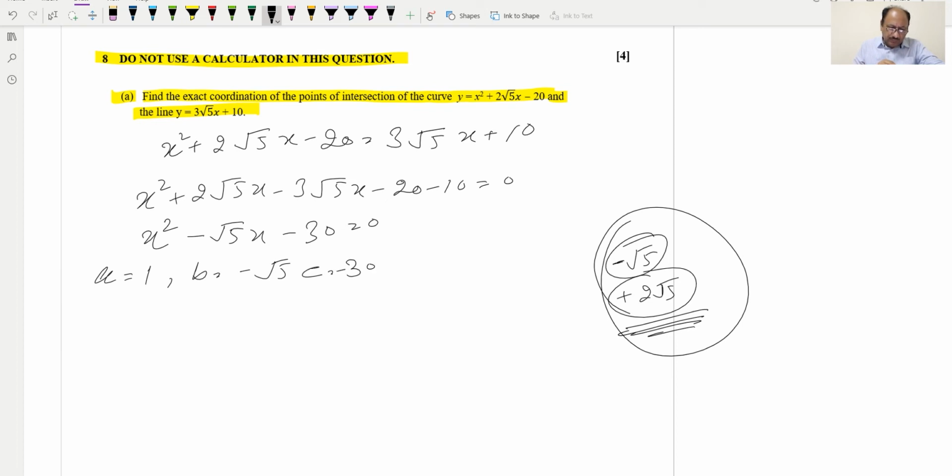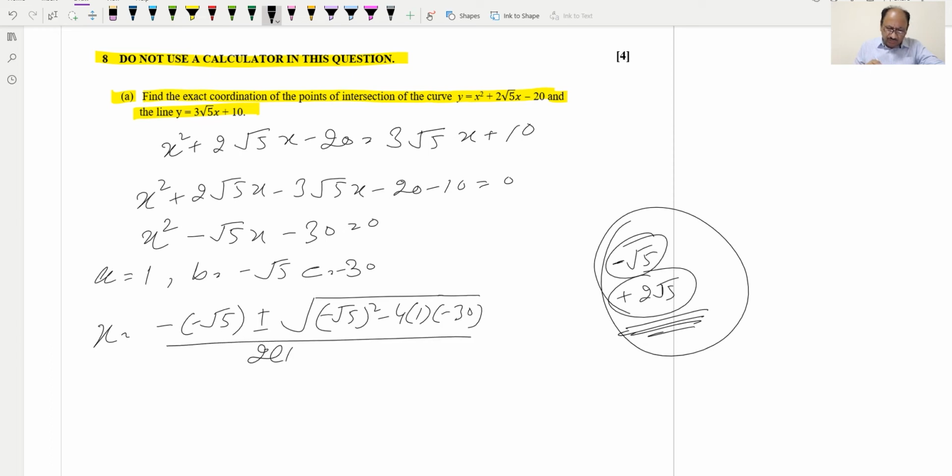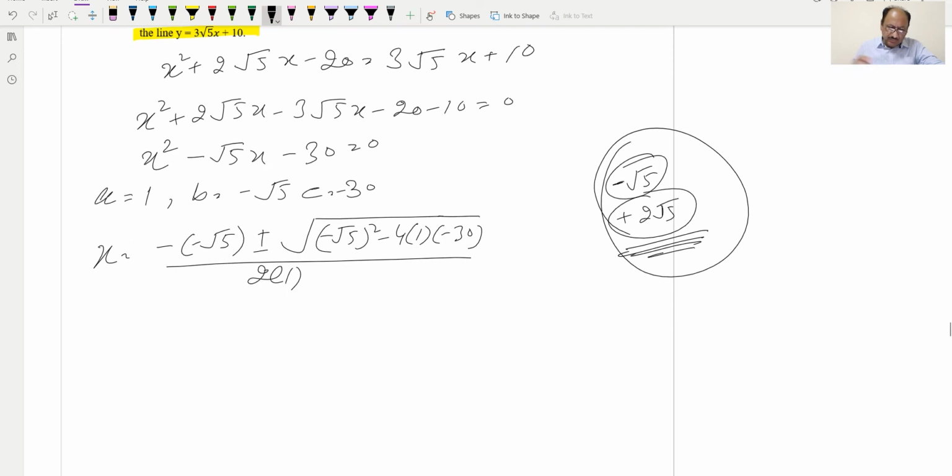And we can now figure out x will be equal to minus B plus minus root of B square minus 4AC, so minus root 5 square minus 4, A is 1 and C is minus 30, divided by 2A, which is 2. So we can simplify.